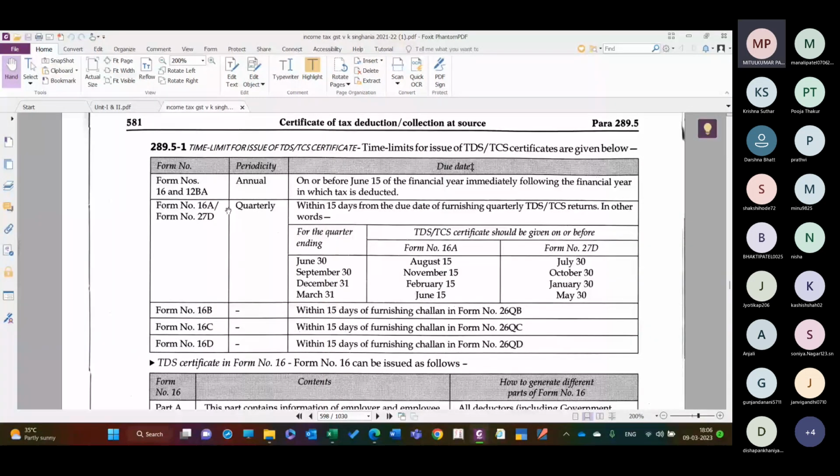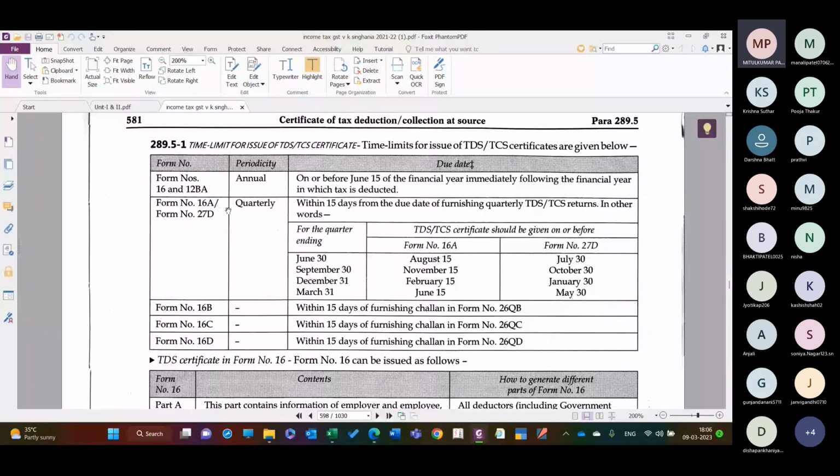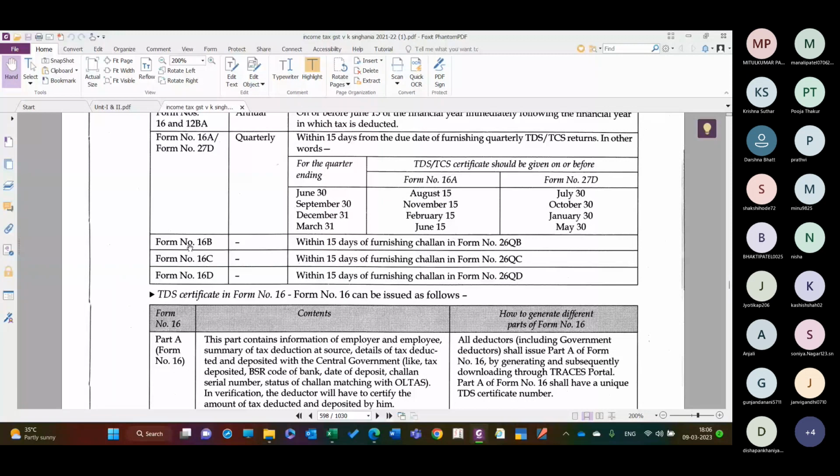And the three unique forms, that 194IA, IB and 194M. So उसके अंदर जो TDS के फॉर्म थे 26QB, 26QC and 26QD, उसके लिए TDS certificate is issued by the deductor. तो जिसने भी TDS काटा होगा, जिसका भी काटा होगा, उसको फॉर्म नंबर 16B, 16C and 16D इश्यू करना पड़ेगा. So that's what we have learned.